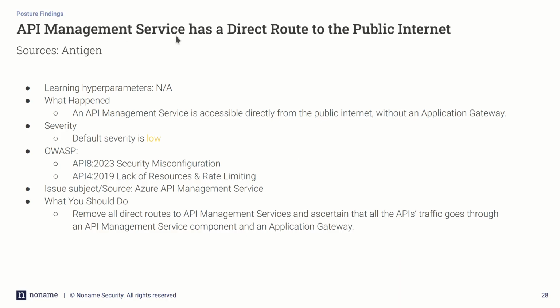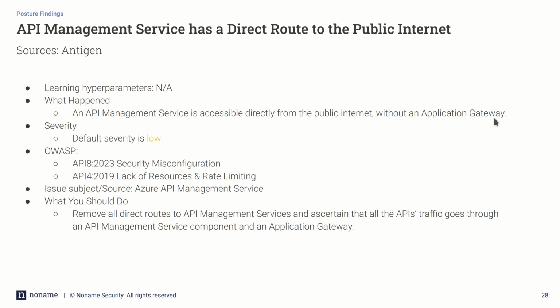Now here's another one that's specific to Azure. How do I know that? Because I see API Management Service. API Management Service has a direct route to the public internet. An API Management Service is accessible directly from the public internet without an application gateway. It's the same exact thing as before.